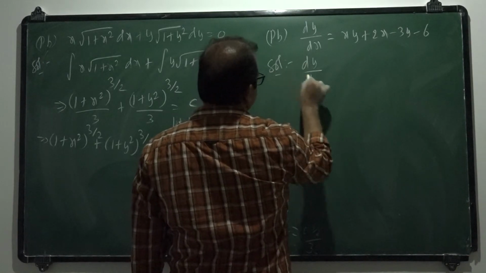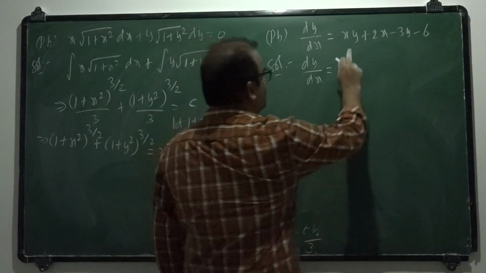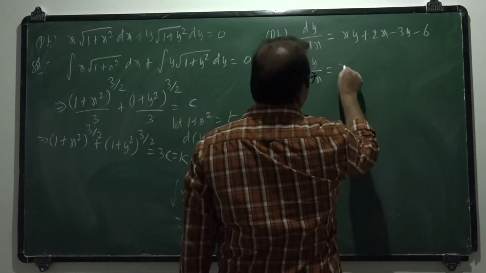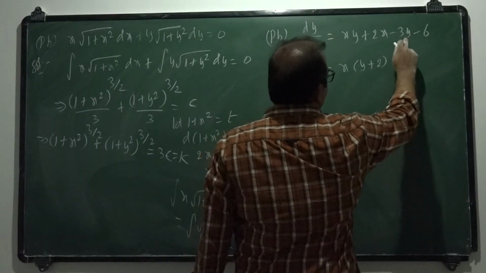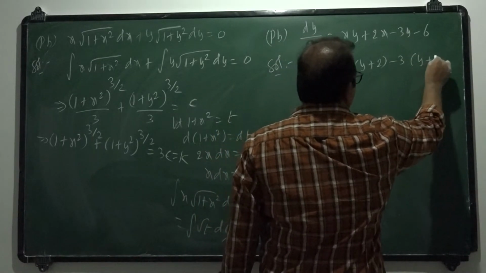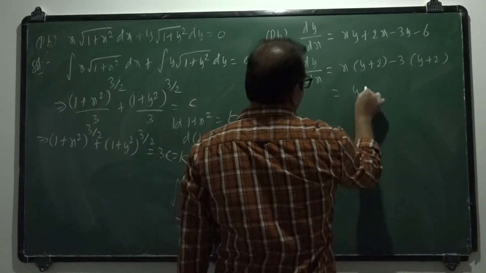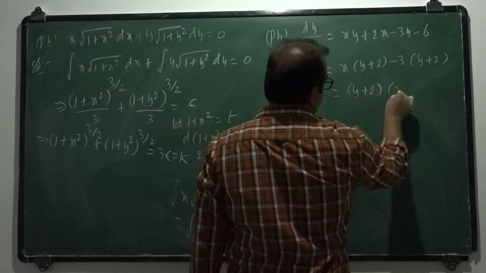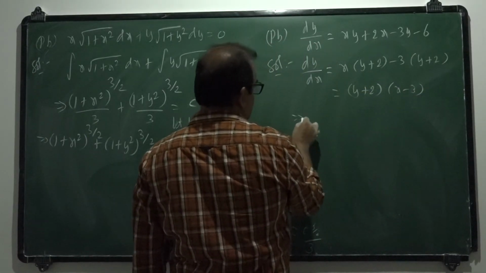Solution. Dy by dx is equal to, from first two terms take x common, x into y plus 2. From these two terms take minus 3 common into y plus 2. This is y plus 2 into x minus 3. Dy by dx is equal to.